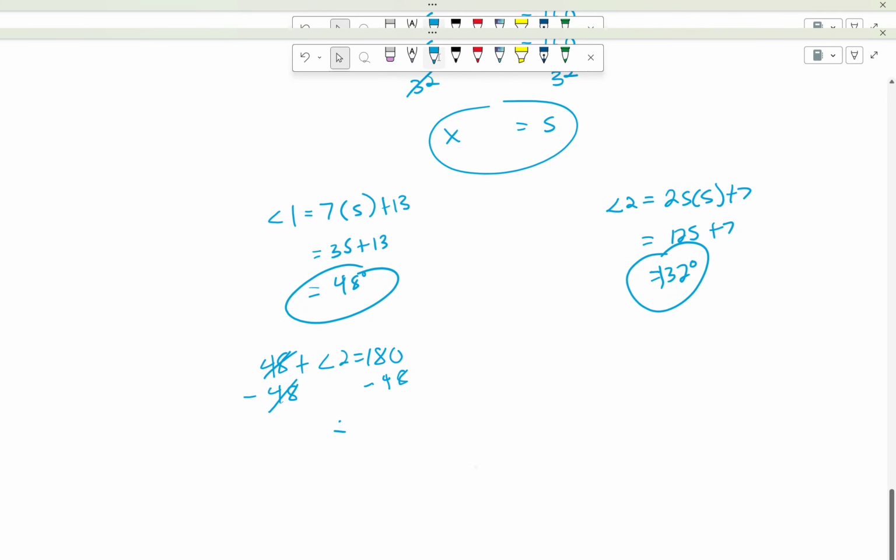So angle 2 is equal to 180 minus 48, which is 132. So it doesn't matter which way you do it. I don't care. Just make sure you get it. Next, we have to discuss linear pairs and vertical angles. So, linear pair.